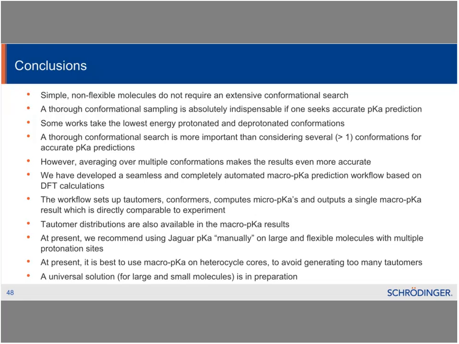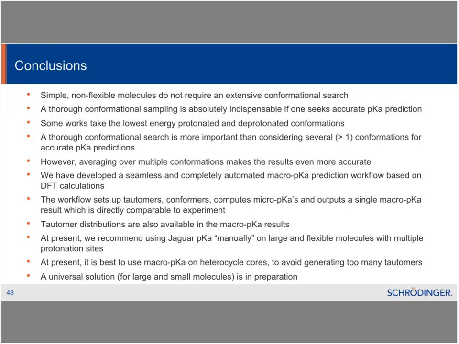At present, you remember I showed that molecule where I showed a manual approach to do pKa predictions for micro pKa's and then assembling them into macro pKa's. Currently, macro pKa works for molecules as large as that, but when you have too many protonation sites and mobile protons, you will just get too many tautomers.